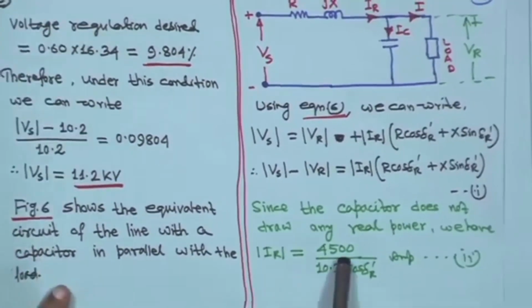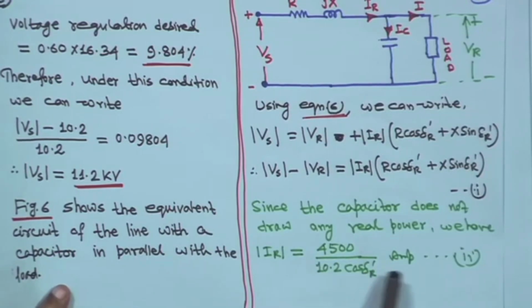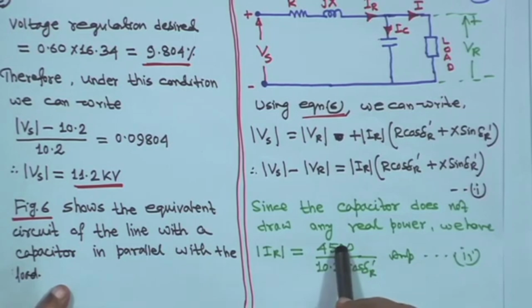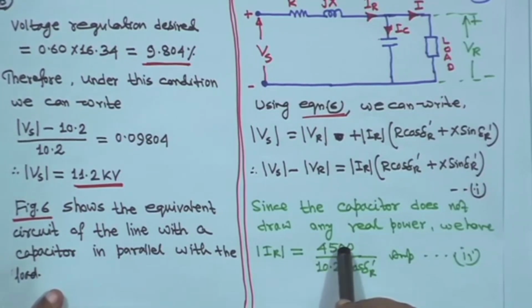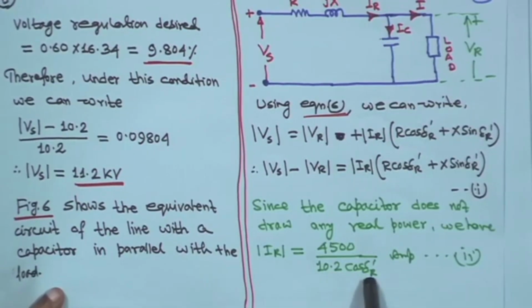we have magnitude of Ir equal to the load power 4500 kilowatt, and receiving end voltage is kept fixed at 10.2 kV, into cosine delta R dash. I am putting the unit here as ampere, because the numerator is in kilowatt, I did not change it to watt, and the denominator is also in kilovolt. So no need to multiply by 1000, understandable, into cosine delta R dash.